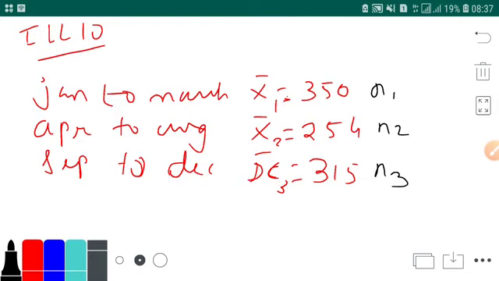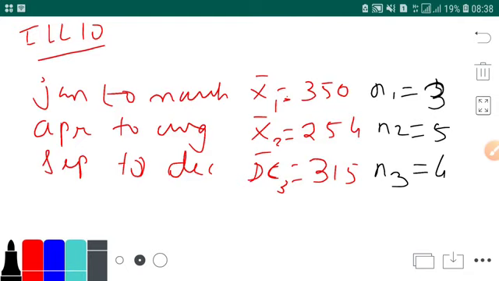If it is Jan to March, then n1 is January, February, March, 3. April to August, April, May, June, July, August, it is 5. And the last one, September, October, November, December, n3 is 4. So n1 is 3, n2 is 5, n3 is 4. So this is our data.